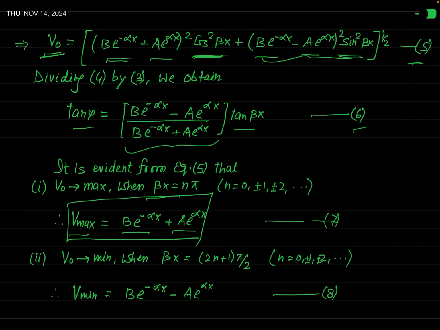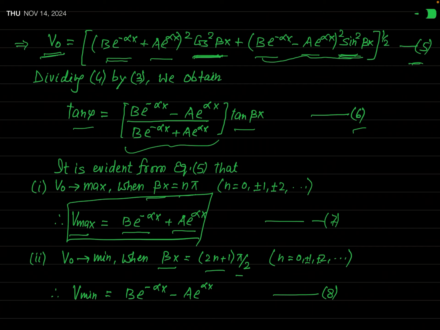Now in a similar manner, when beta x is equal to an odd multiple of pi by 2, that is 2n plus 1 times pi by 2, then sin square beta x will be maximum and cos square beta x will be minimum.